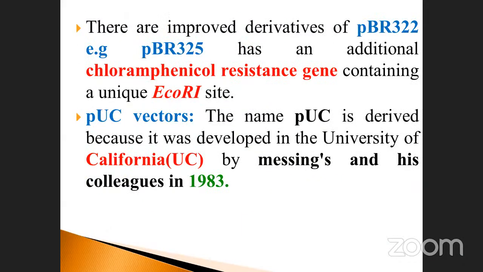The next one is the small p, capital U, capital C vectors: pUC, plasmid UC vectors.